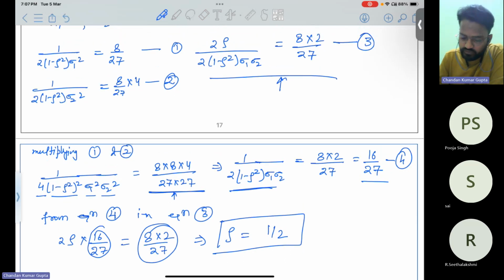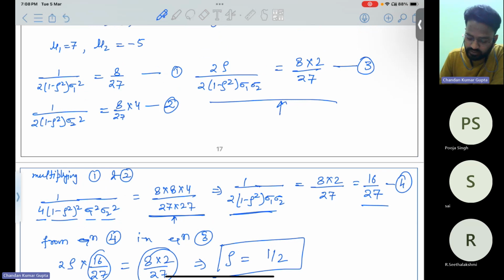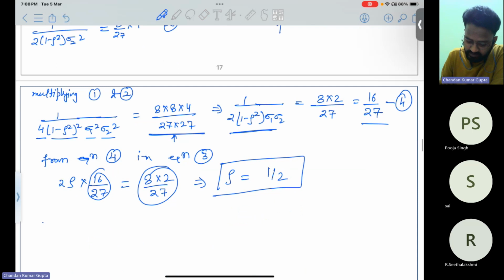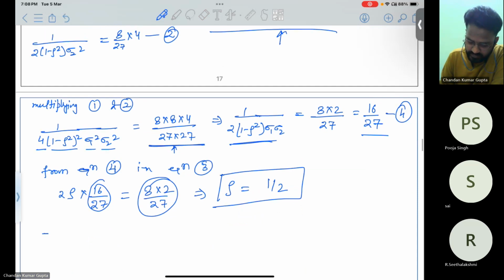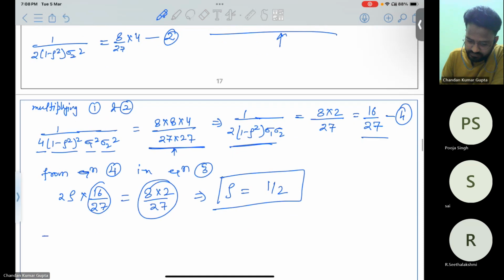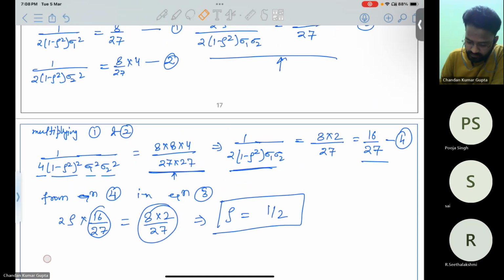And when we get the value of rho, we will evaluate by putting the value of rho in equation 1. We will get sigma 1 square: 1 upon 2, 1 minus rho square, that is 0.25. Rho is 0.5, square 0.25. Sigma 1 square is equal to 8 upon 27.